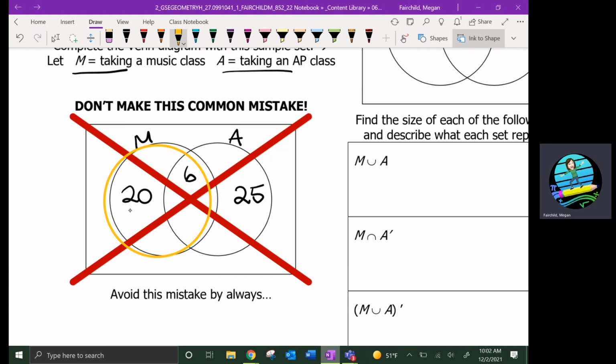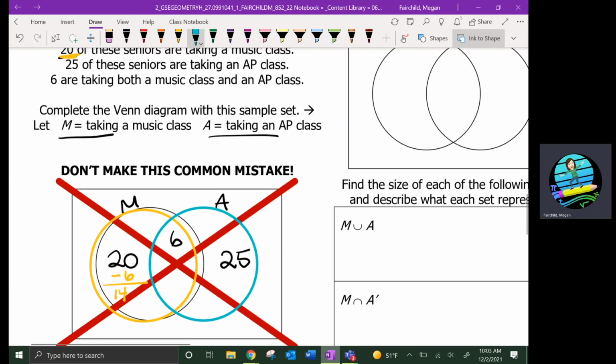So instead, you need to, like Sophia just said, take away 6 from that number, because you're already representing those 6 people in that middle section. So you would have 14 over here. On the right side, taking an AP class, this is now showing 31.